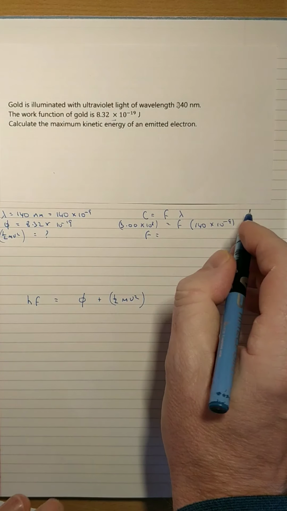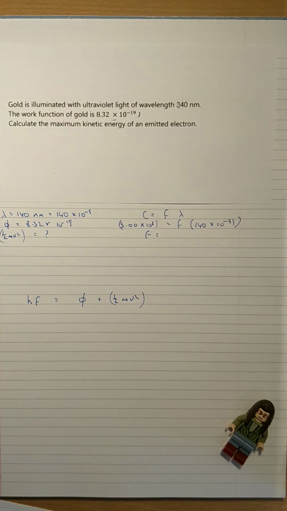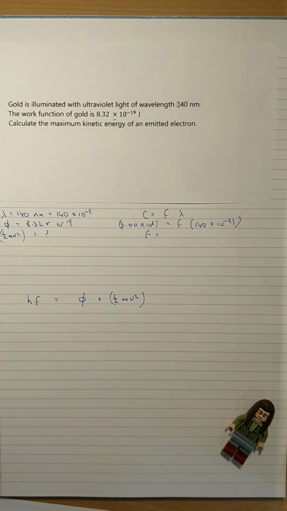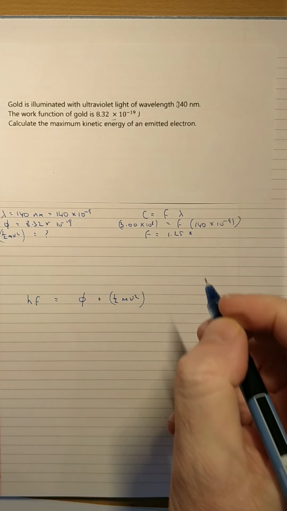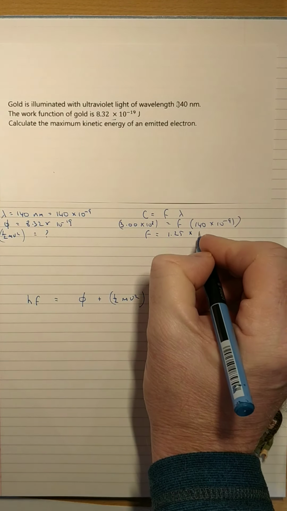So it's the speed of light divided by the wavelength, effectively. And we get a value of 1.25 by 10 to the power of 15 hertz.